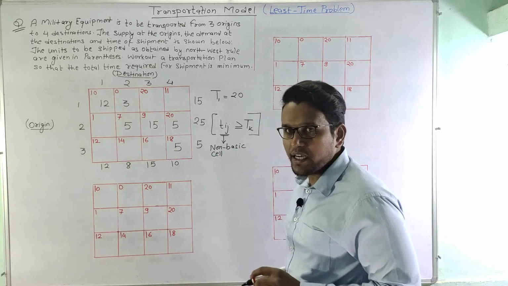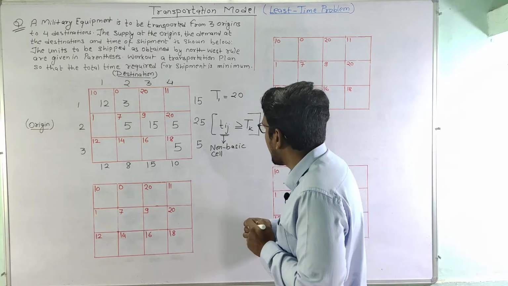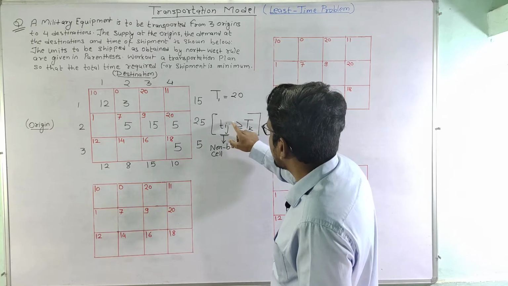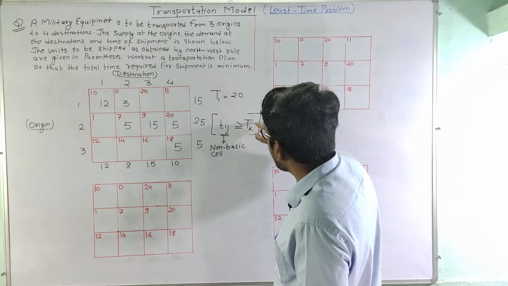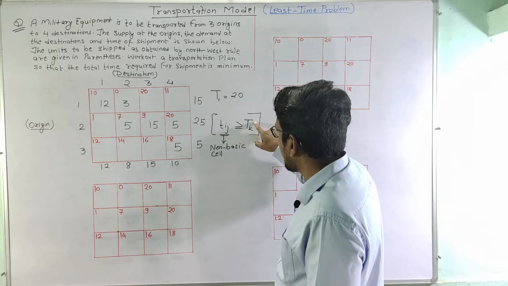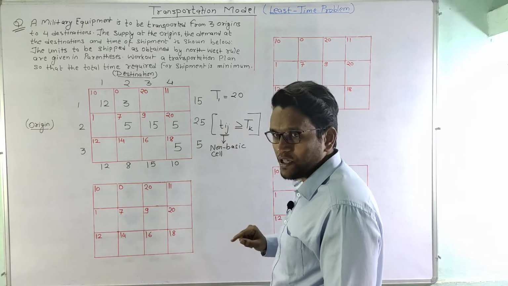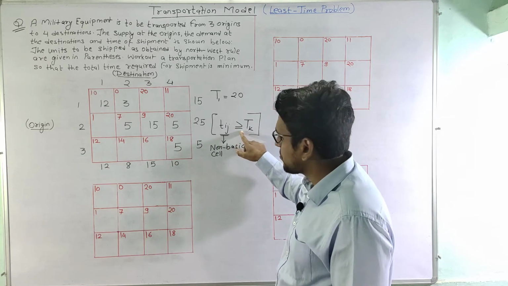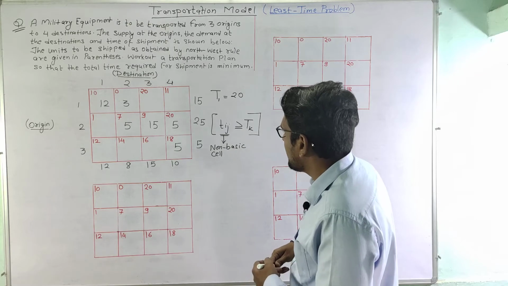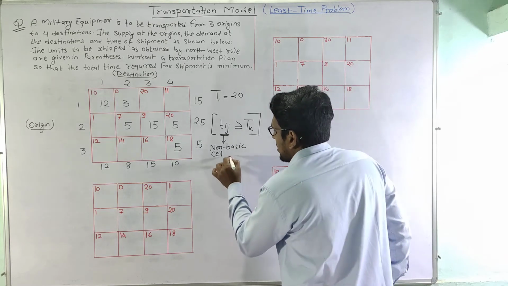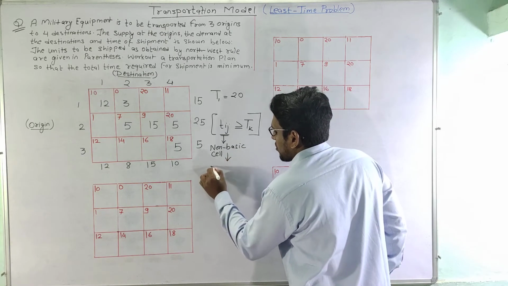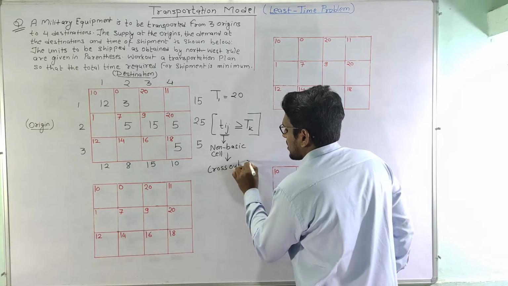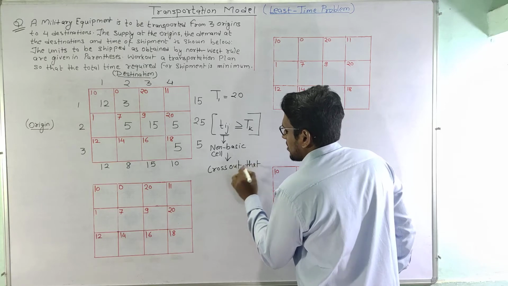So in the first part, if any value in a non-basic cell is equal to or greater than the total transportation time, then we will cross out that cell.